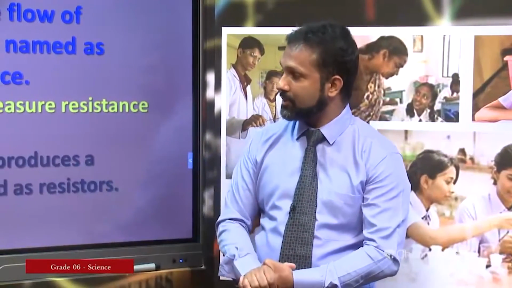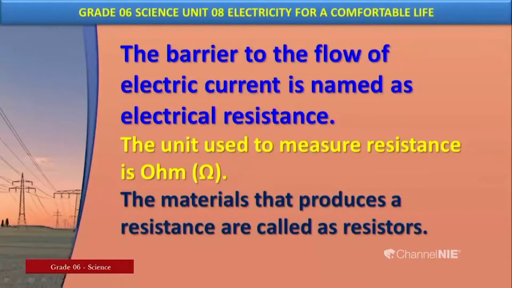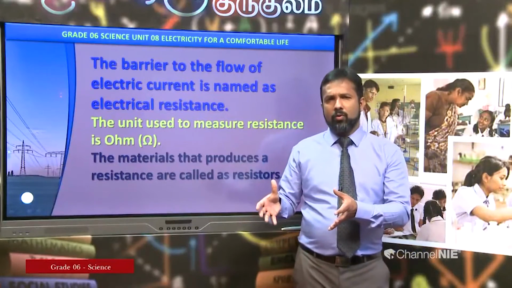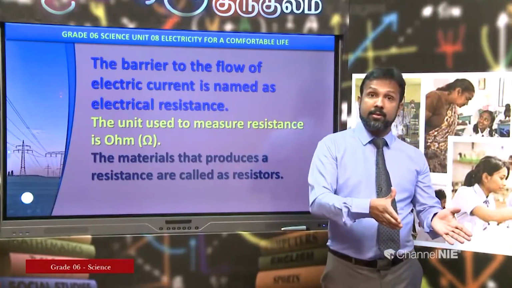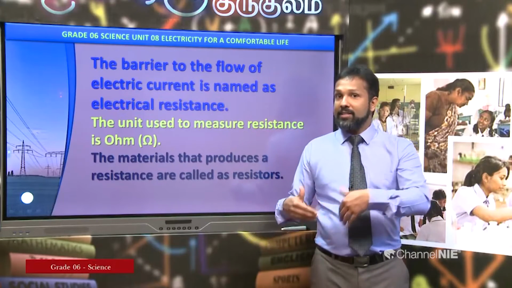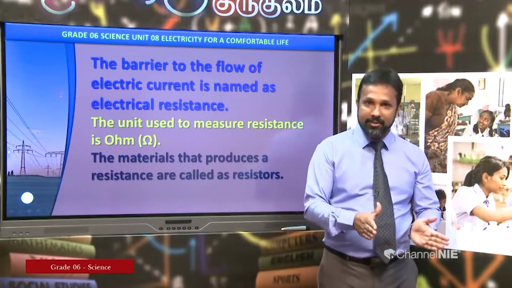about resistors, the materials that produce a resistance are called resistors. I think you have a little doubt about the resistance and the resistors. What's the difference between resistance and resistors?